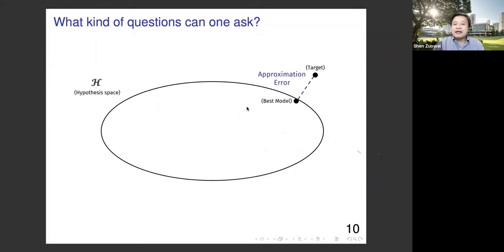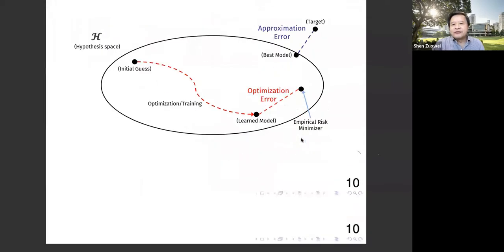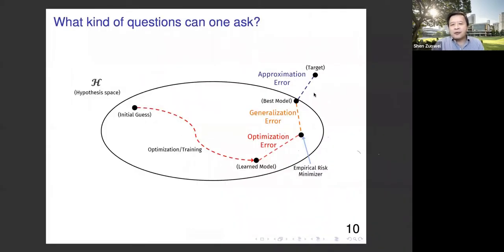Then this is basically your best model, R_D zeta. Then there is optimization: you get theta_N, which is not a minimizer of your empirical risk. You have an optimization error. And between the empirical model and the best model, you have a generalization error.